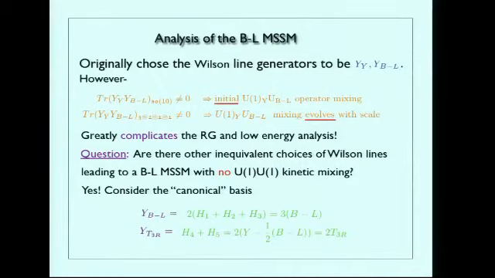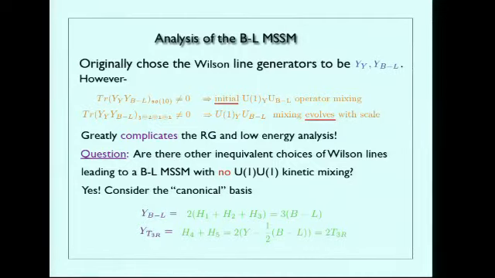However, if you use these, you will get initial operator mixing, and furthermore, you will get operator mixing as you evolve. The two F mu nus can mix together, and that creates havoc in trying to solve the low energy theory. So the question we asked ourselves was, is there some other basis that one can choose so that there's absolutely no kinetic mixing at all?